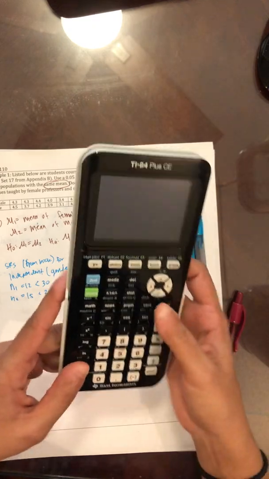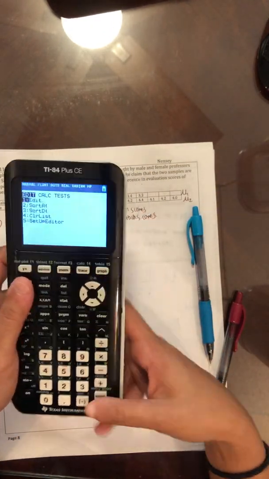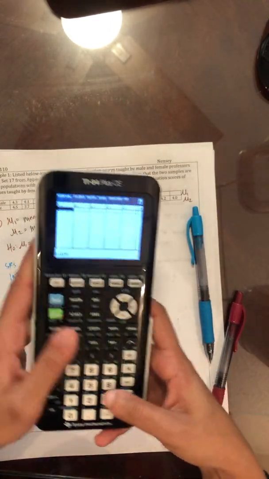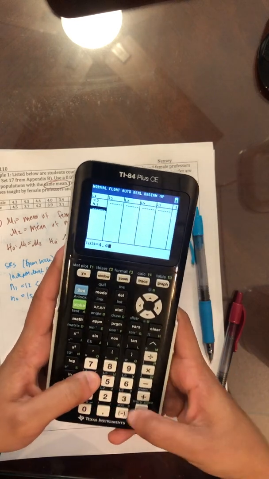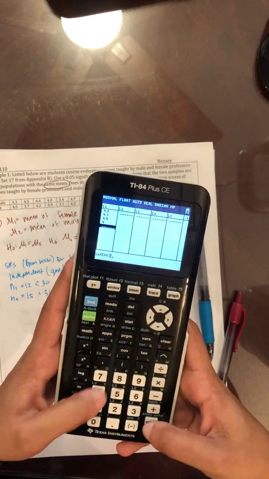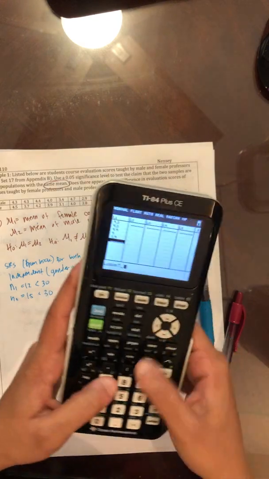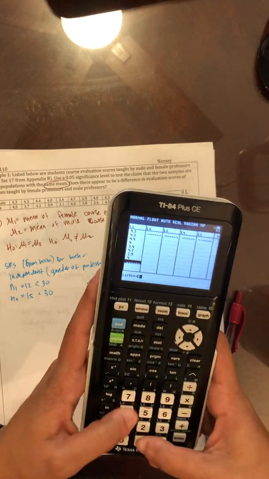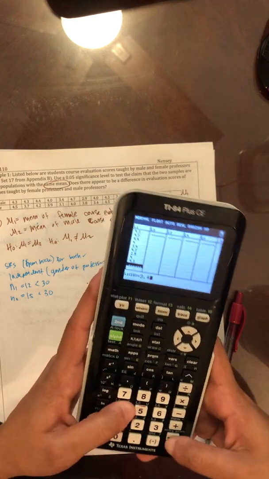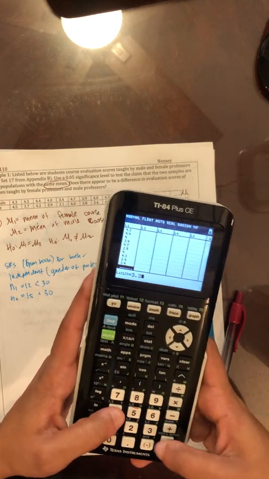So I'm going to go ahead and type in the female data in L1. I have to clear this data real quick. I'm going to say 4.3, 4.3, 4.4, 4, 3.4, 4.7, 2.9, 4, 4.3, 3.4, 3.4, 3.3.